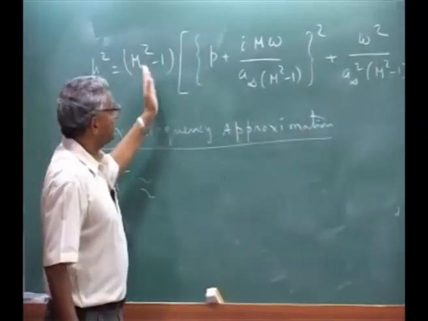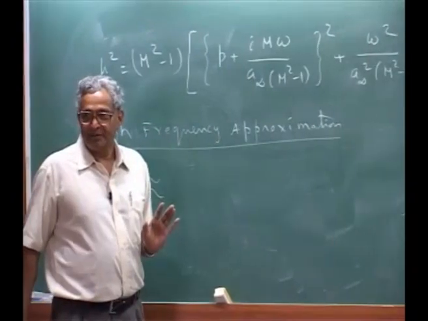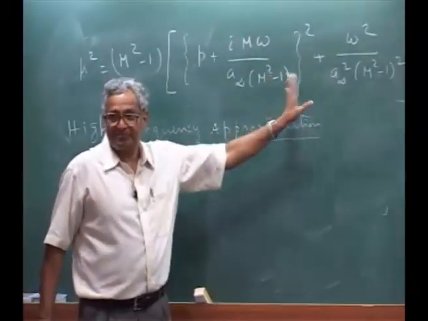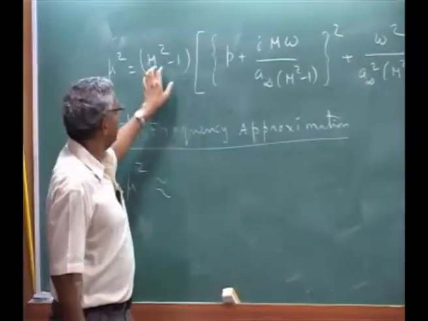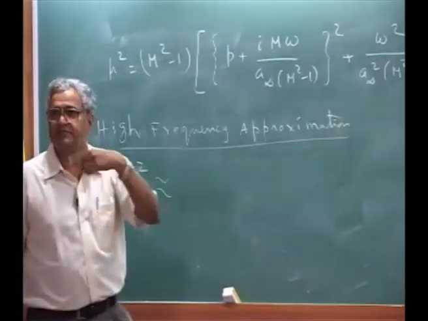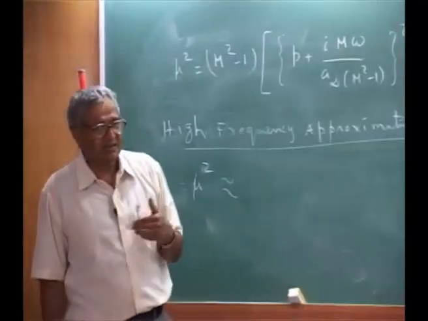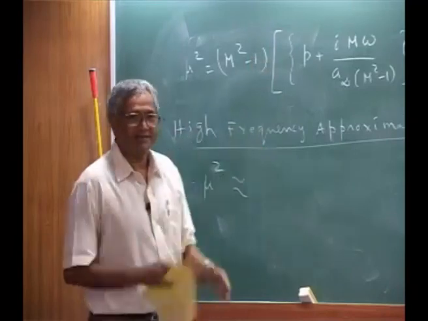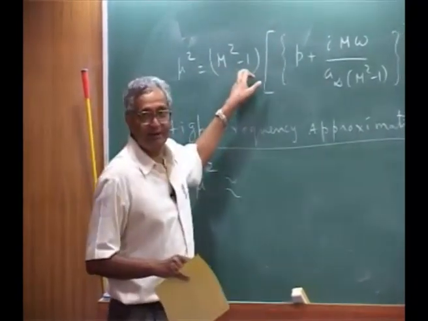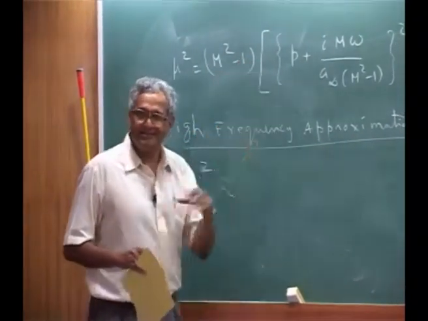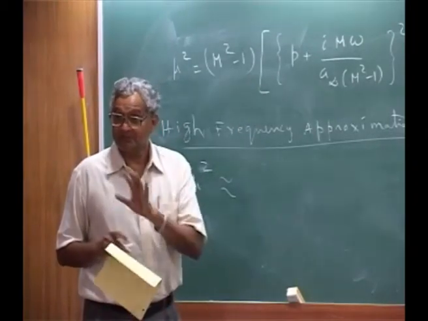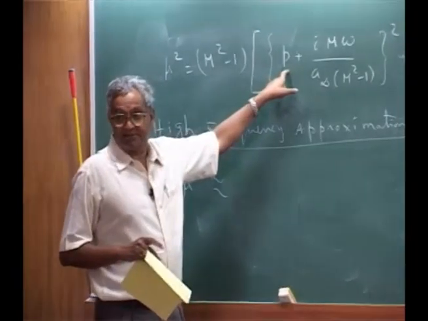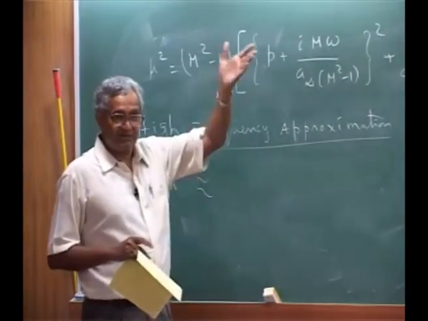You multiply this inside. This m square minus 1 will cancel with some of the terms, but it will also have m square minus 1 p square. You say it is a high frequency because it's a large value, whether it is m square minus 1 or m square, it doesn't make much difference. It's not a high Mach number. I am using p as the reference because it's going to be a very high frequency.